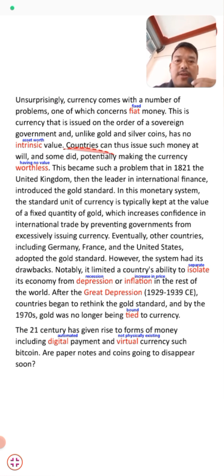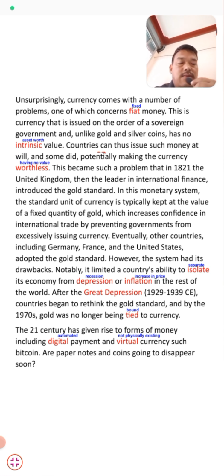And a country can thus issue such money at will, and some did, potentially making the currency worthless, having no value, students. Now the government's money doesn't have the value like gold and silver, and it hasn't any asset worth.